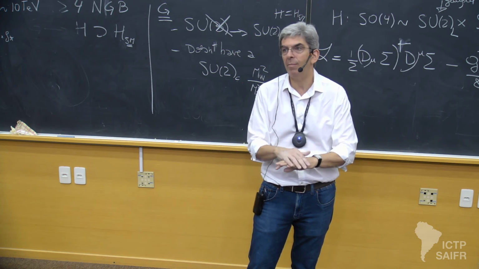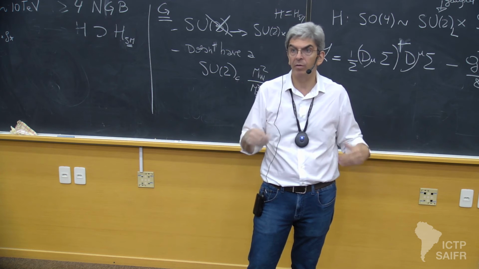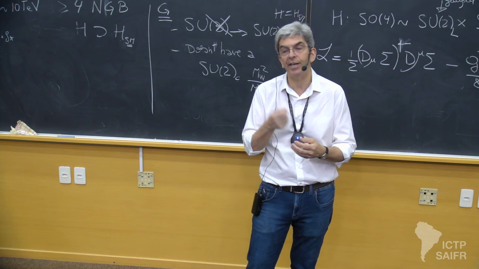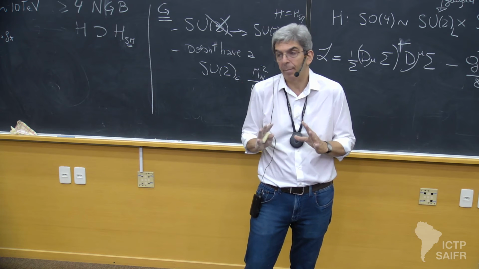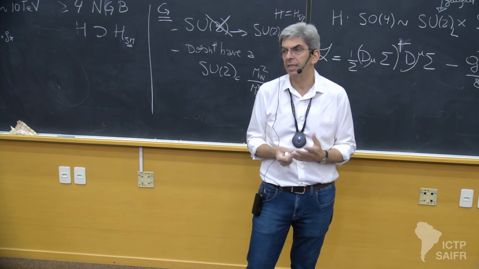I just did the minimum, but the philosophy will be exactly the same, right? Will be exactly the same. You need to respect some global symmetry, spontaneously break it, gauge the standard model as a minimum to break explicitly, and so on.